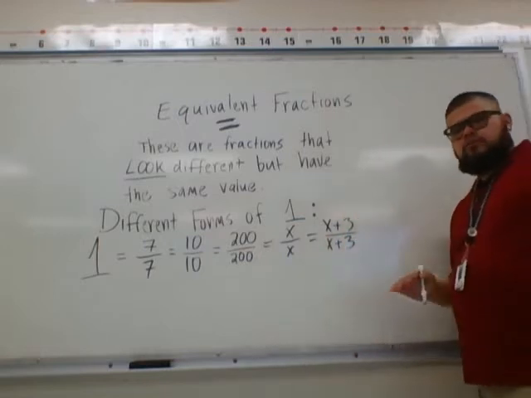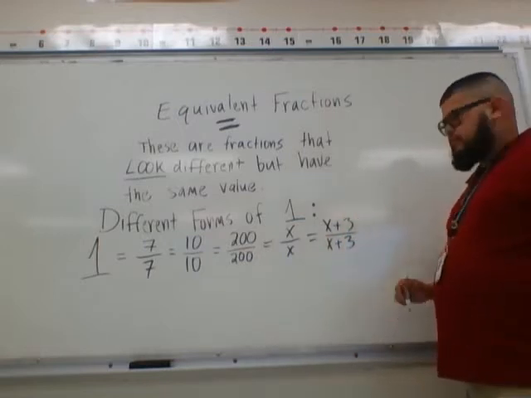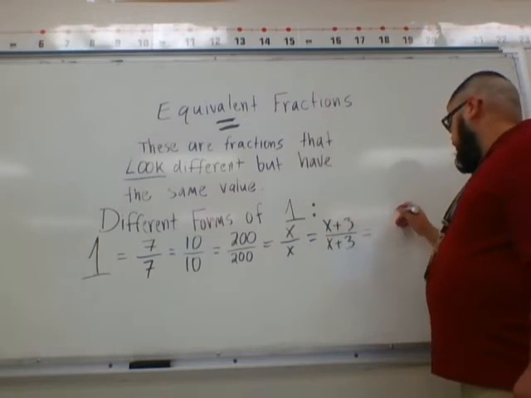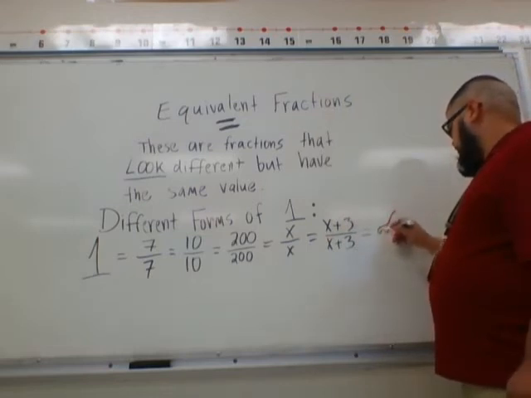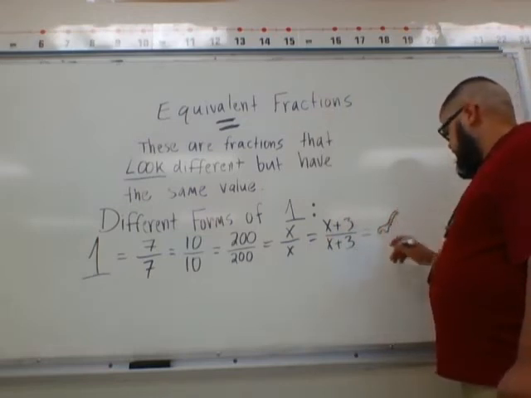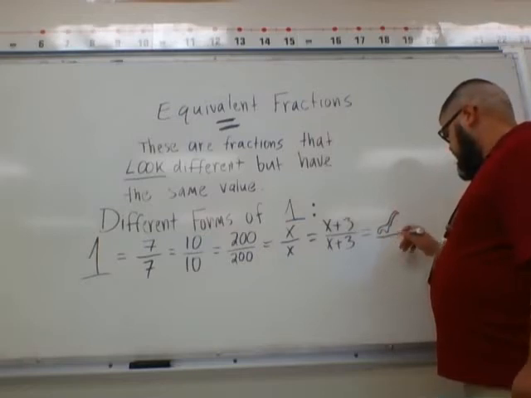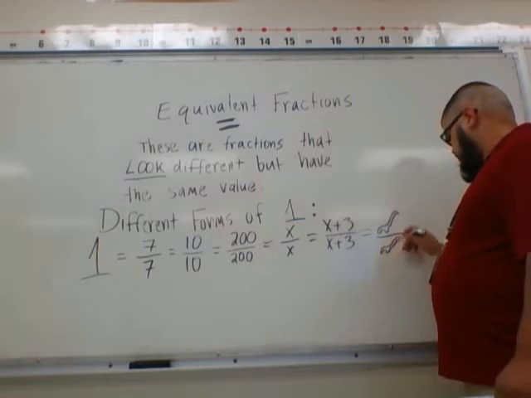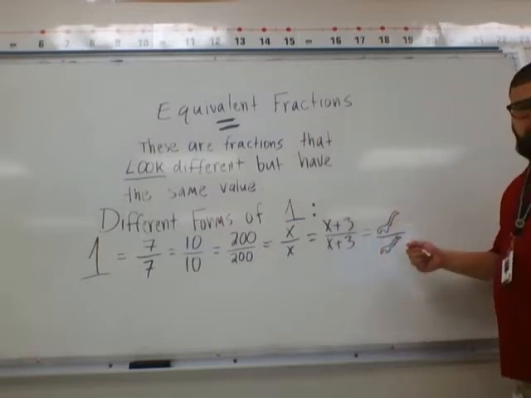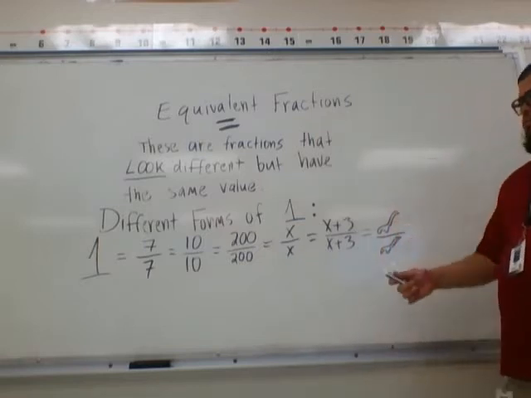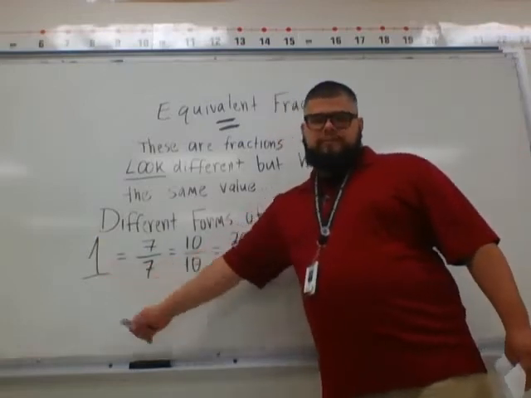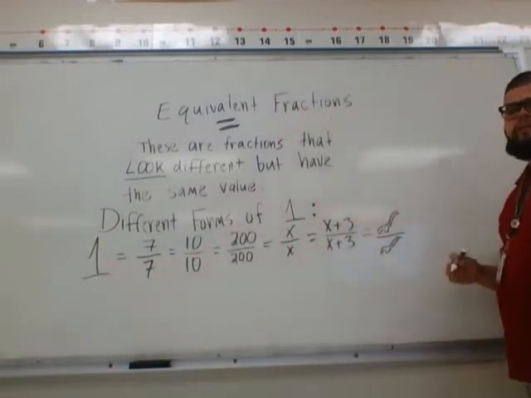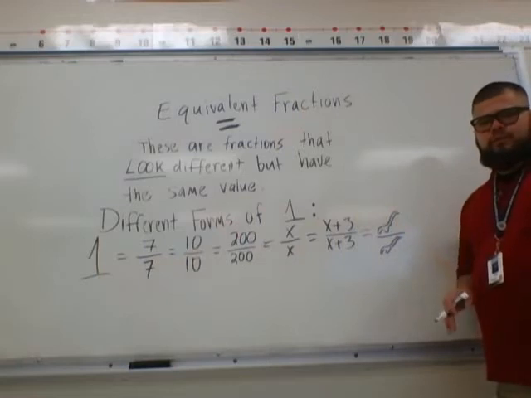Anything divided by itself is 1. You've heard that before from your elementary teachers. And also, I like to do this one. Dinosaur divided by dinosaur is also 1. Okay? Anything divided by itself is 1.